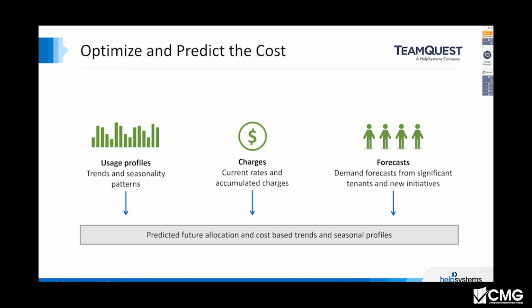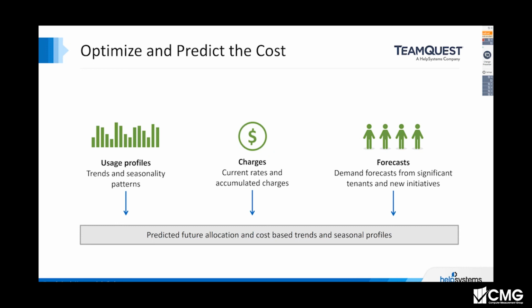Significant tenants and new initiatives on a business level need to be incorporated as well. You need to forecast those demands and weigh that into your usage profiles, because they are potentially going to throw your historical profiles completely overboard and change them dramatically. So you need to take that into consideration as well.